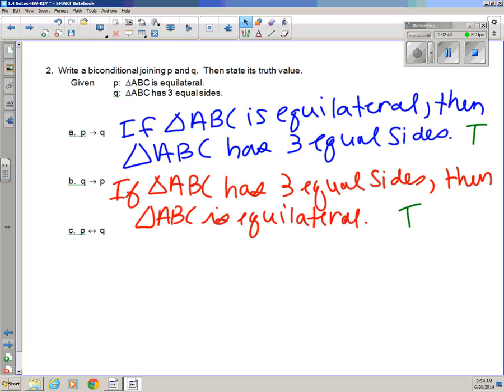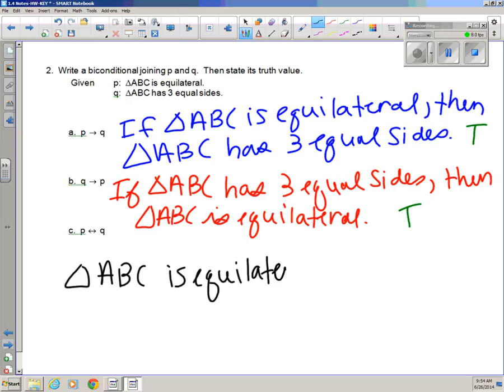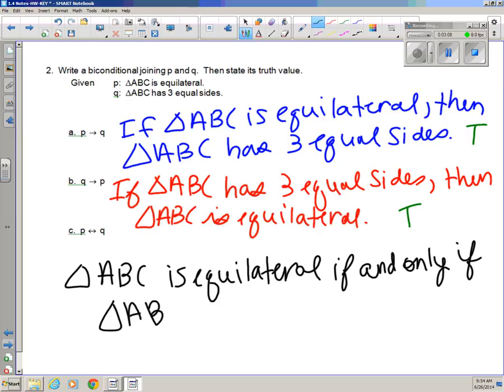So let's do the biconditional. Remember, the biconditional says P if and only if Q. So we're going to say, triangle ABC is equilateral if and only if triangle ABC has three equal sides.